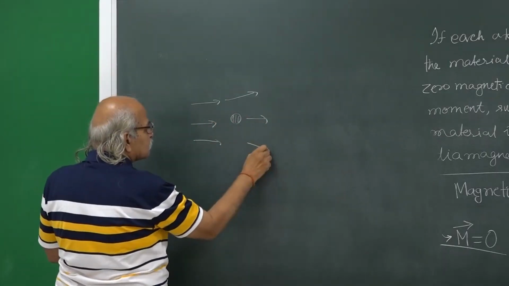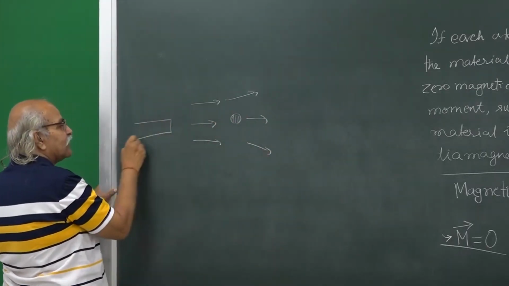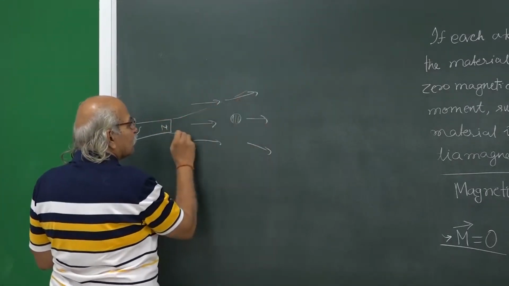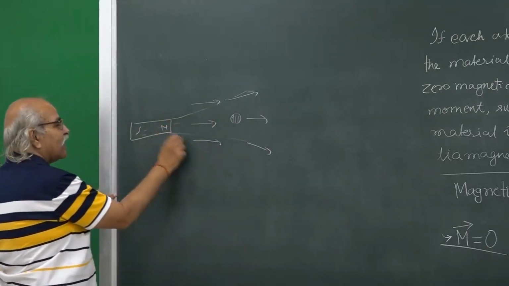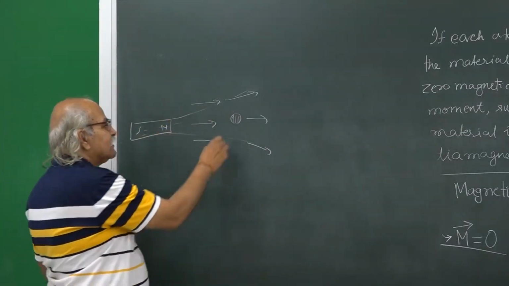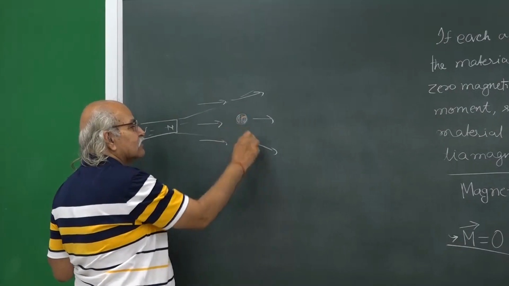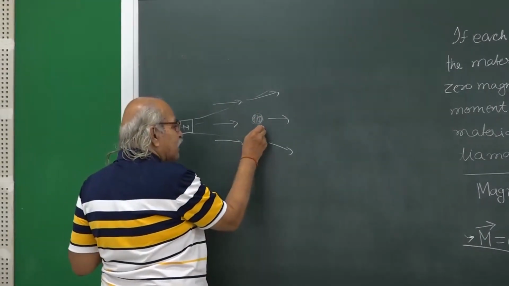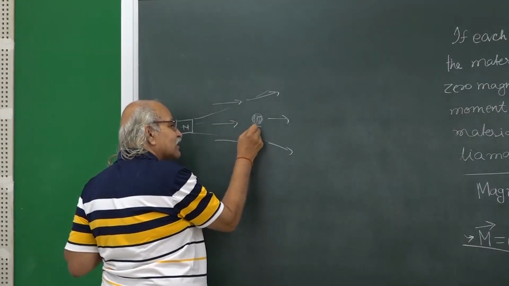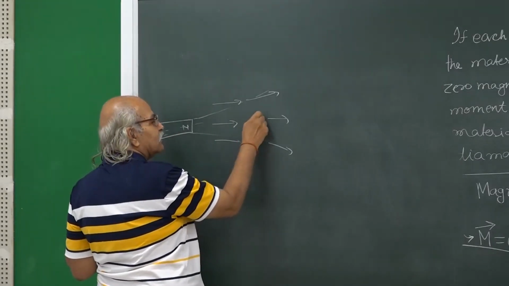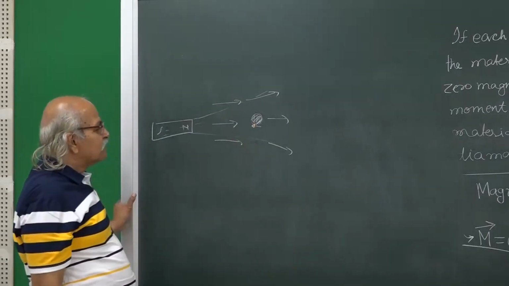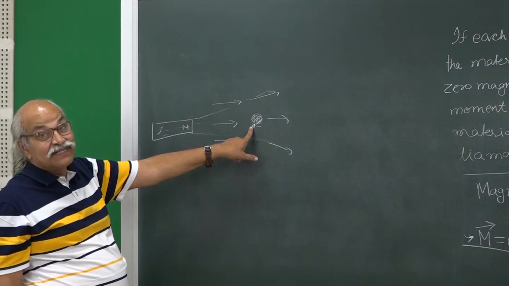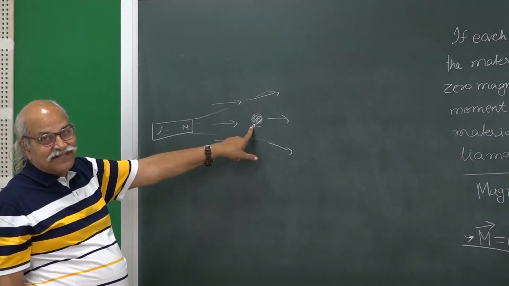This kind of magnetic field can be produced by a permanent magnet, and here is the diamagnetic material. Because of this, a dipole moment is produced in this direction. There was no dipole moment to start with, but now there is one opposite to the applied magnetic field.